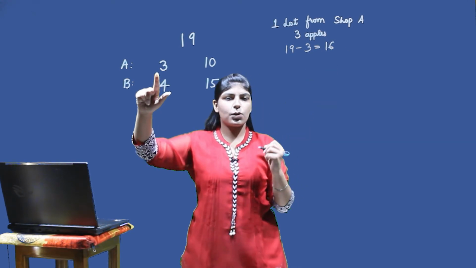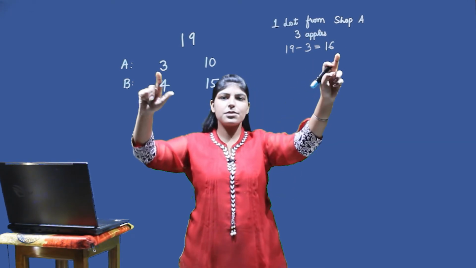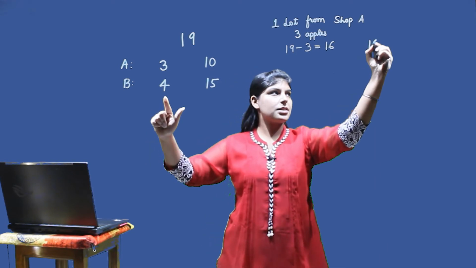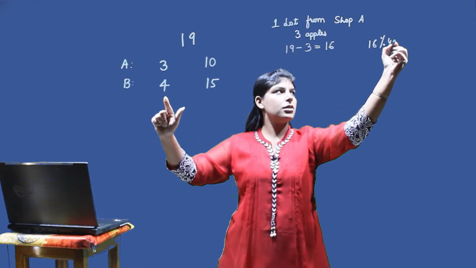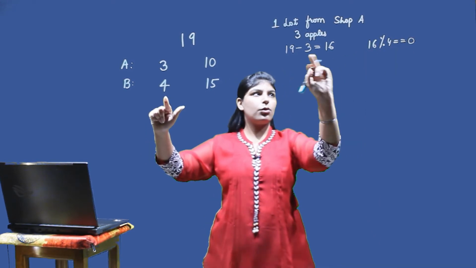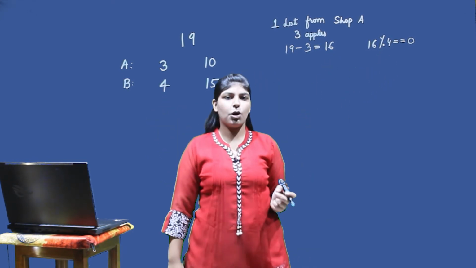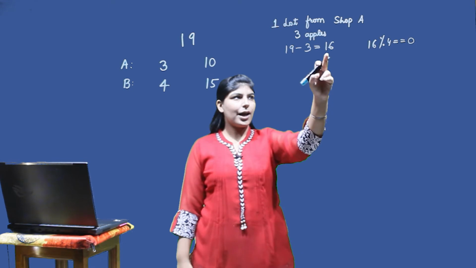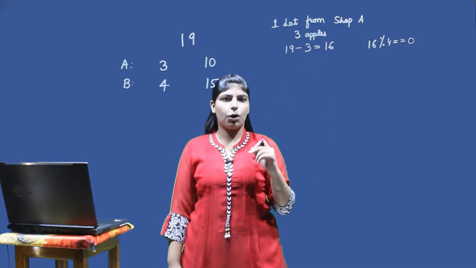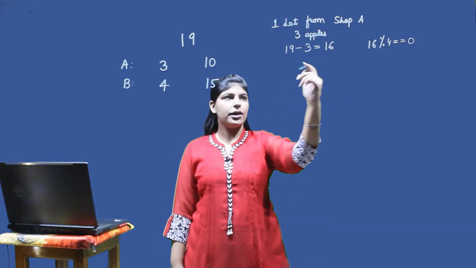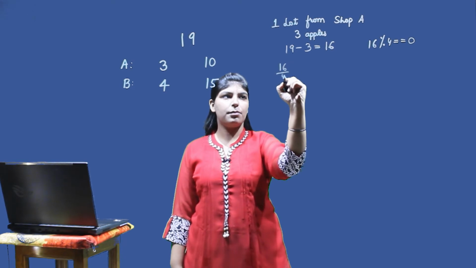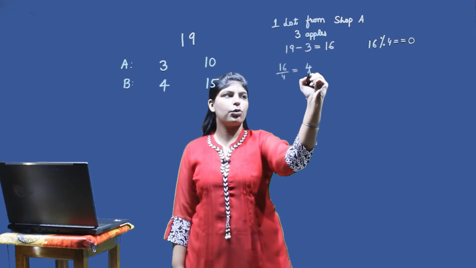Can Kazama buy 16 apples from shop B? Yes, 16 is divisible by 4, so Kazama can buy 4 lots. If Kazama has to buy 16 apples from shop B, he needs to buy 16 divided by 4, that is 4 lots.